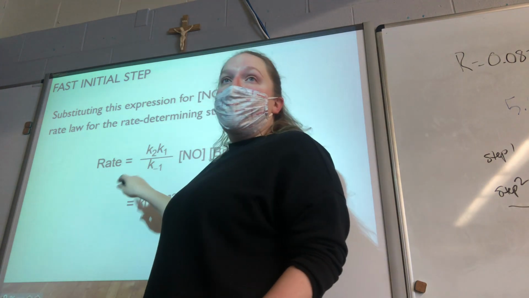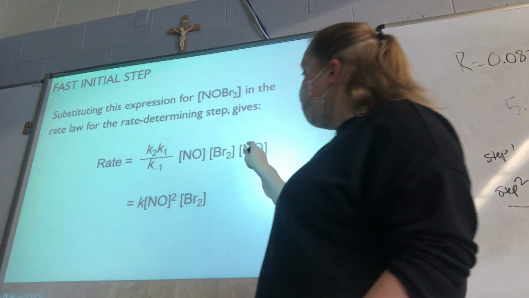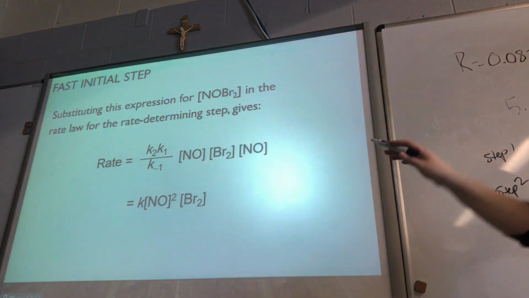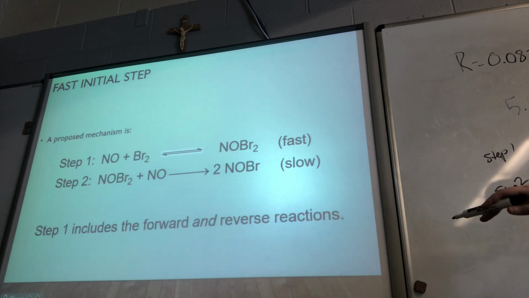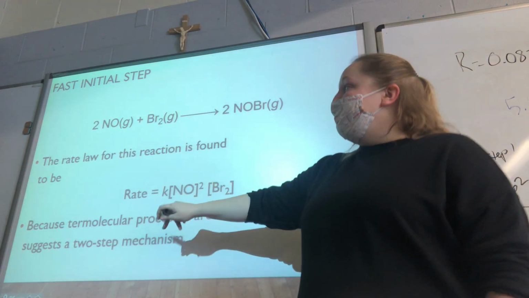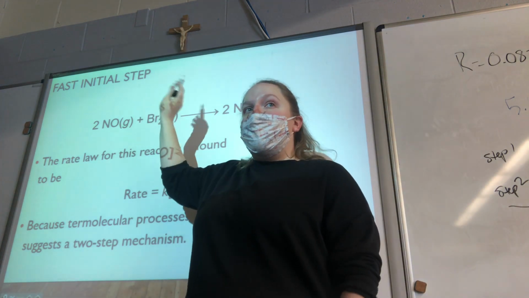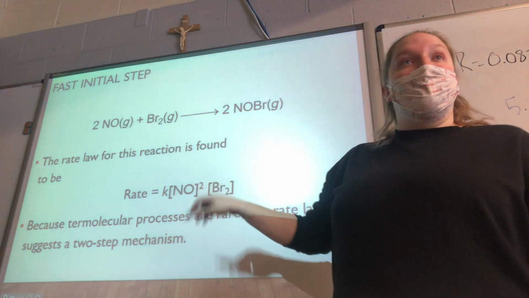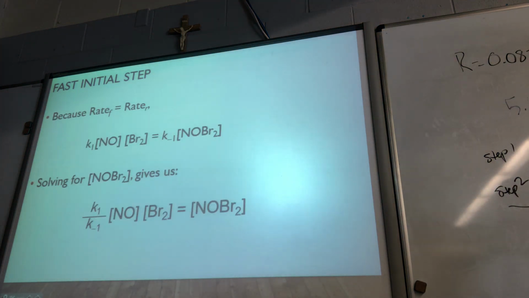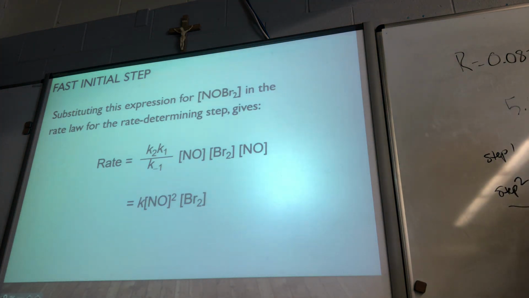We say that K overall will equal NO squared times Br2. Again, this was the actual rate law from the very beginning. This is the thing they told us. They gave us this overall reaction and then said this. And we were like, okay. All you did was prove it.